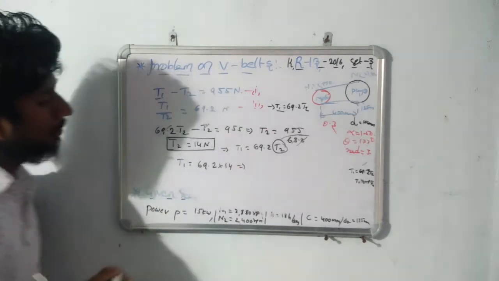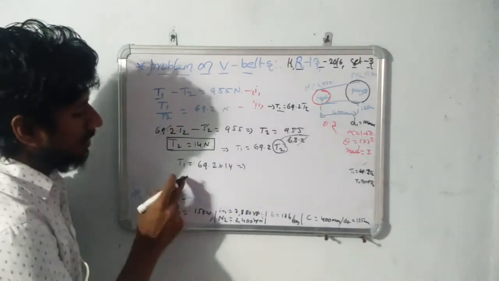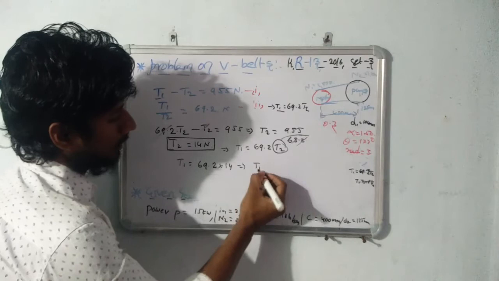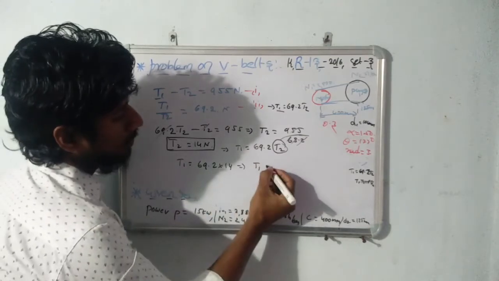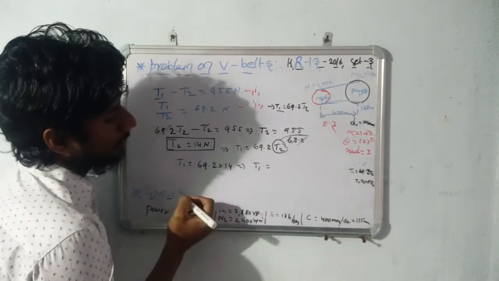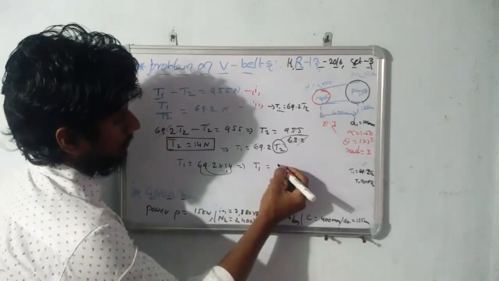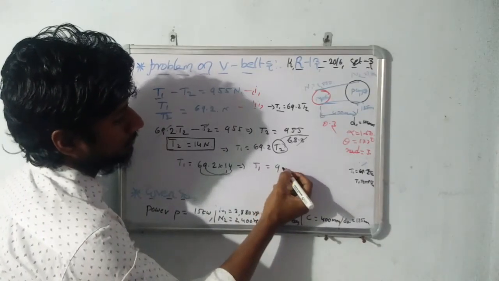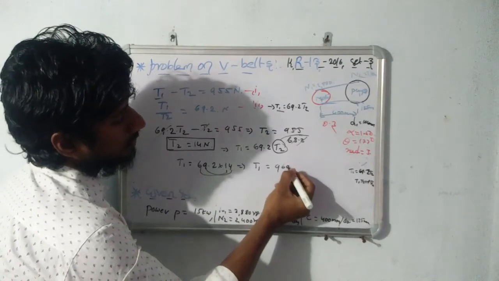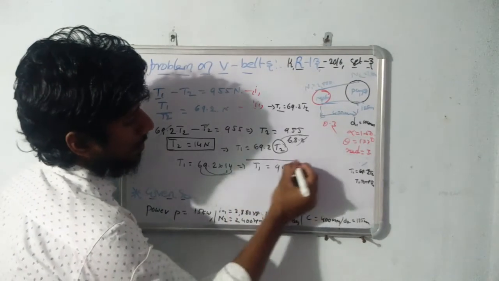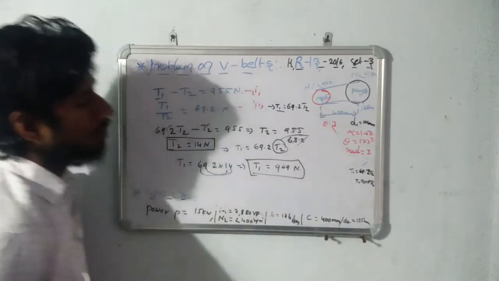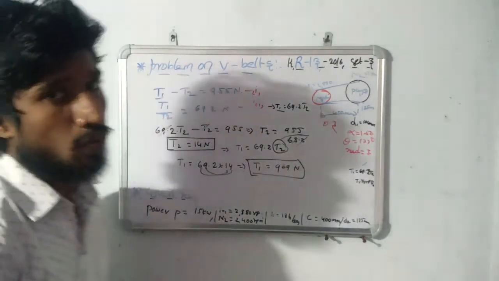So ultimately, by simplifying this one, we get the T1 equal to 969 newtons approximately. So this is about the T1 and T2 values.